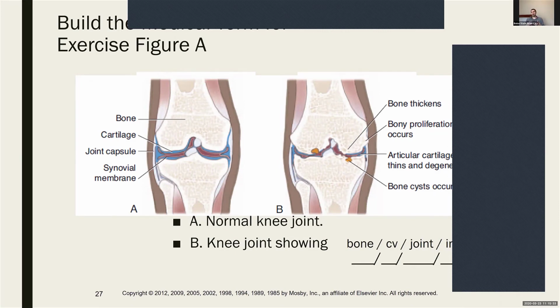So the arthr or the joint just means you have a generalized swelling in that area of that articulation point between those two bones. So you could have an arthritis, generalized swelling in that area, or you could have an osteitis, which is the bone swelling itself. Both of those terminologies mean slightly different things. Oftentimes you see them in concert with each other, taking place at the exact same time.